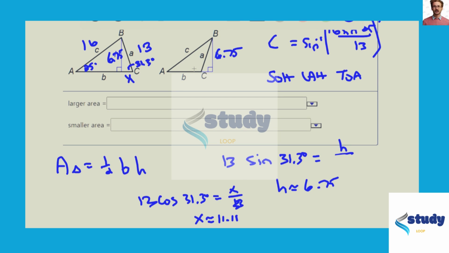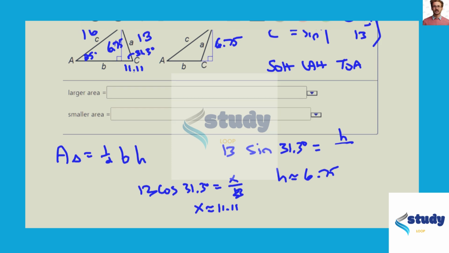So if this is about 11.11, and we can find the other piece using the other right triangle, we can say that we have the hypotenuse 16, and we want to find, I'll just go ahead and call it B, even though B represents the whole base. That's the adjacent.